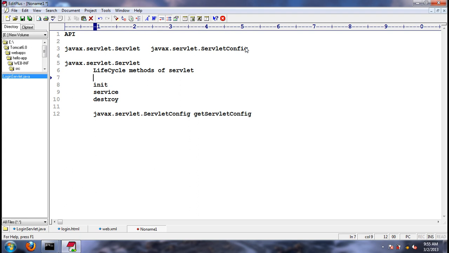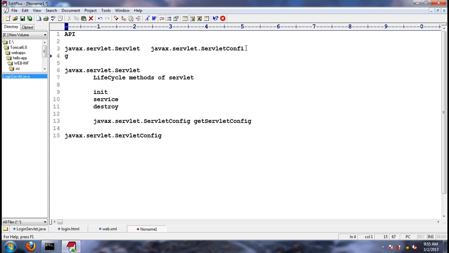In ServletConfig we have getInitParameter, getServletName, and getServletContext.